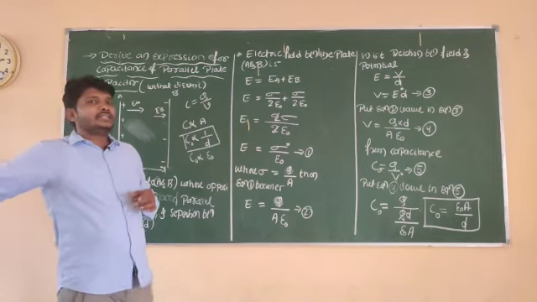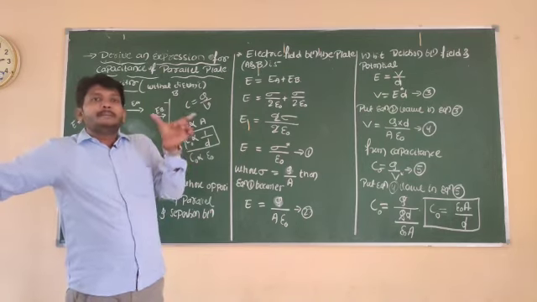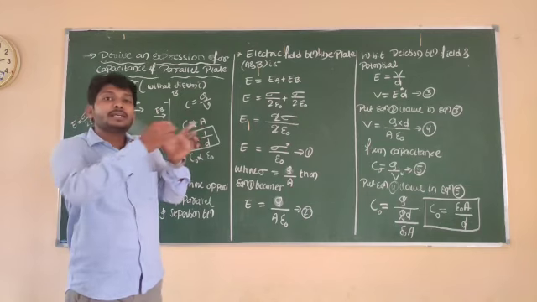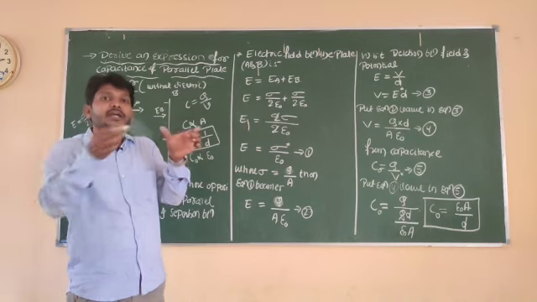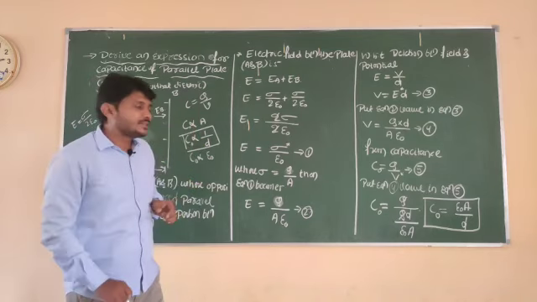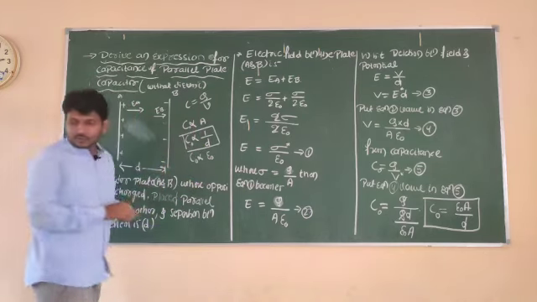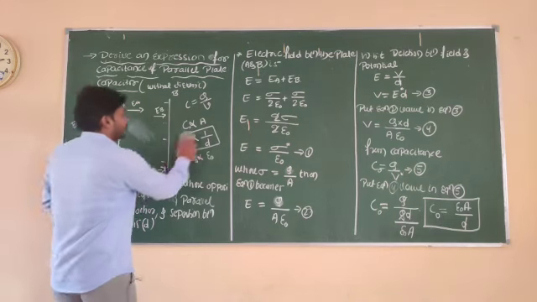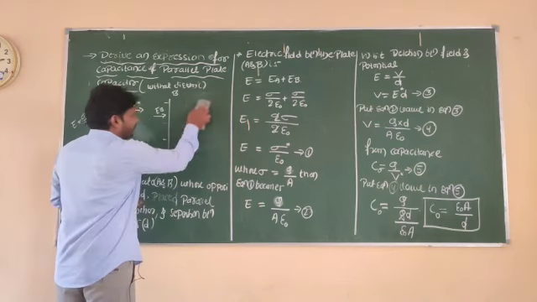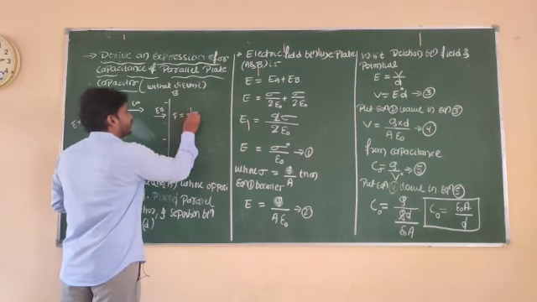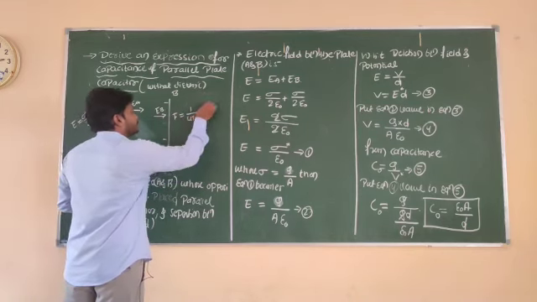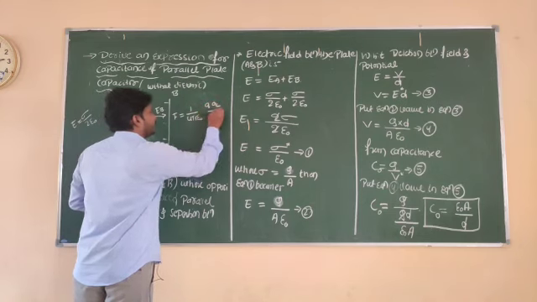In the case of charge and field, we already came to know this. Between two charged particles, if you place a dielectric medium, remember the point, the force value will decrease. So let me write that equation. In Coulomb's law, F is equal to 1 by 4 pi epsilon naught q1 into q2 divided by r square.